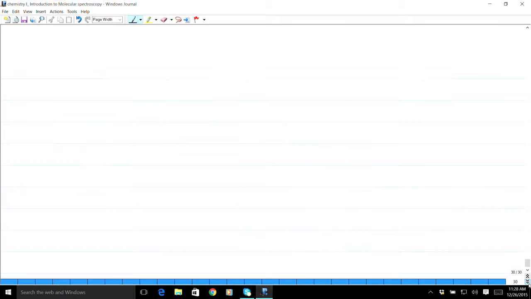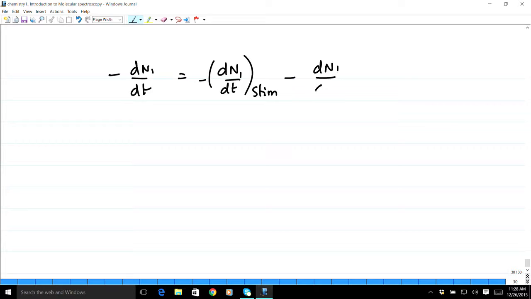The rate of decay, minus dN1 by dt, is due to two processes, namely the stimulated emission and the spontaneous emission. These are two different physical processes, because in the stimulated emission there is radiation density. Here there is no radiation density.